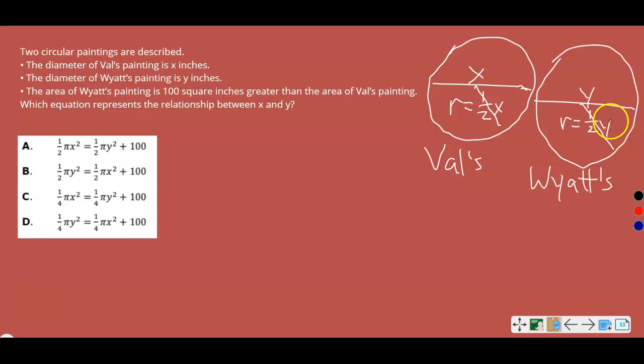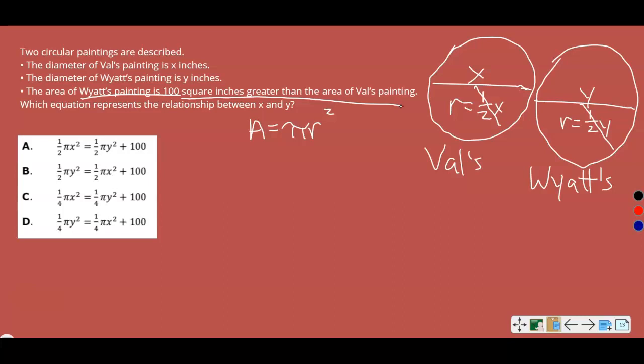And if you talk about circles, kind of leads you to area equals pi r squared. So that's something you've worked with for several years. Hopefully you know the formula for area of a circle. And then it gives us one more piece of information. It says the area of Wyatt's painting is 100 square inches greater than the area of Val's painting.